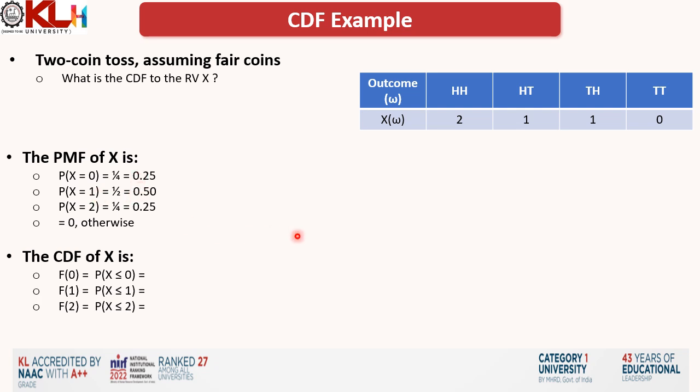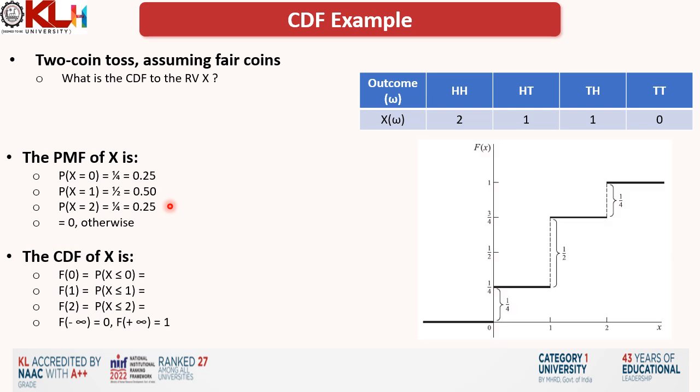The CDF at 2 is probability of capital X less than or equal to 2, which is the sum of all three. So it's 1. So we can show that in a plot as well. As we have mentioned before, the CDF is usually a staircase. So the CDF at 0 is 1 by 4, CDF at 1 is 3 over 4, and CDF at 2 is 1.